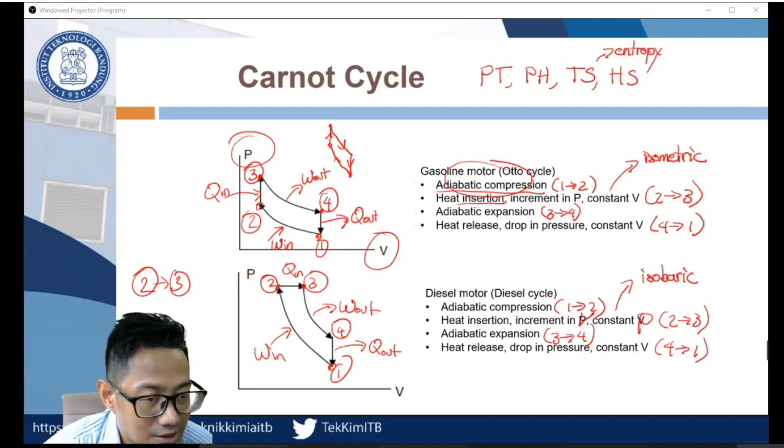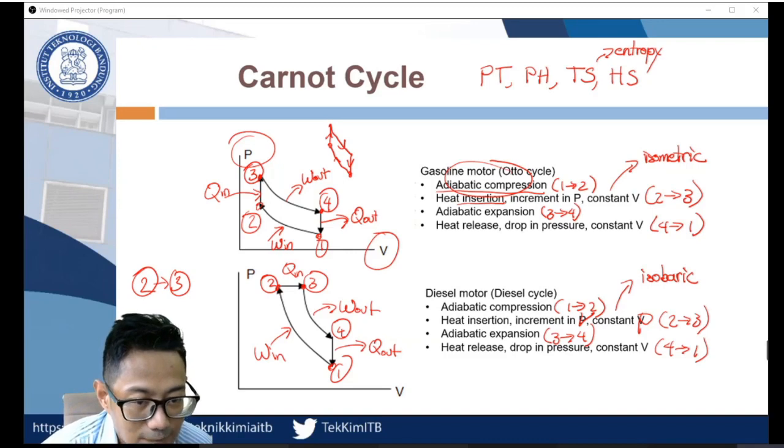That's why in Otto cycle, it requires a spark plug, an ignition plug, to ignite the fluids, in this case, fuel plus air with a certain ratio, so it can explode and give expansion. On the other hand, for a diesel engine, the system is based on isobaric.